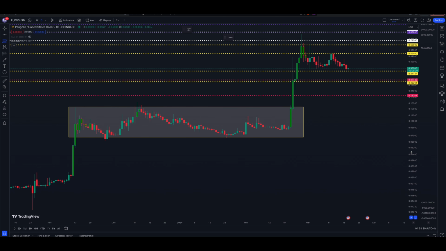Otherwise, if we do continue lower below that, 27,445 and 26,261 are the next two below that market. We're getting a decent bounce here in Bitcoin. We'll talk about that.